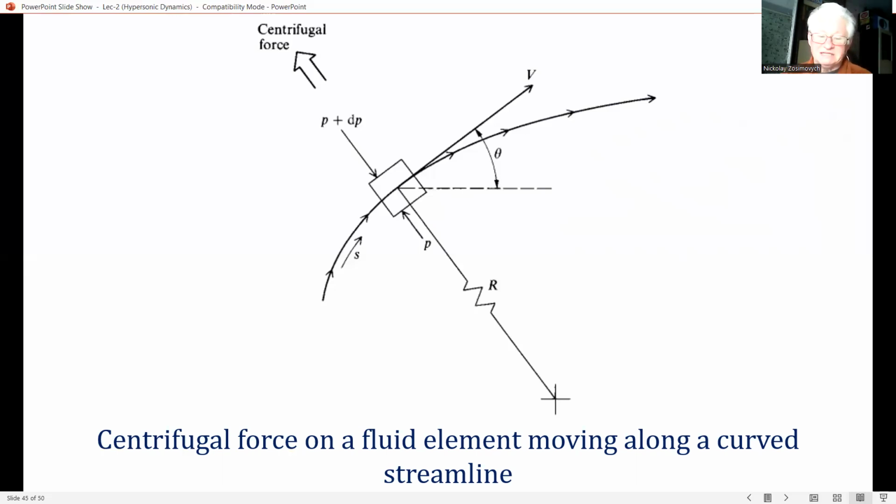To balance this centrifugal force and keep the fluid element moving along the streamline, the pressure P plus delta P on the top surface of the element must be larger than the pressure P on the bottom surface, right? That is, there must be a positive pressure gradient in the radial direction.